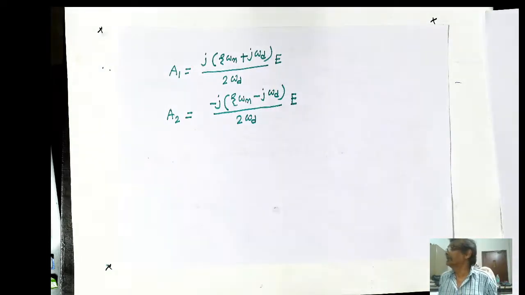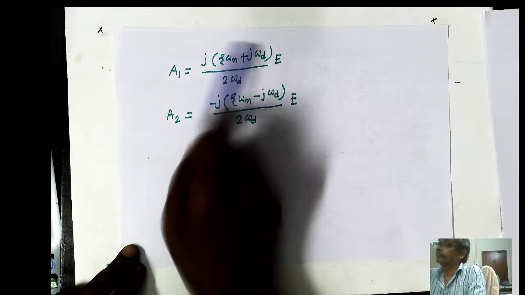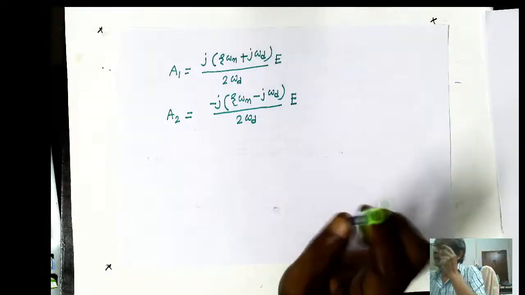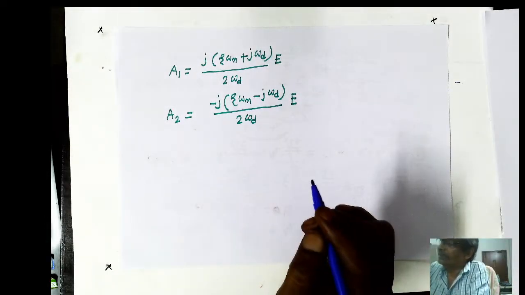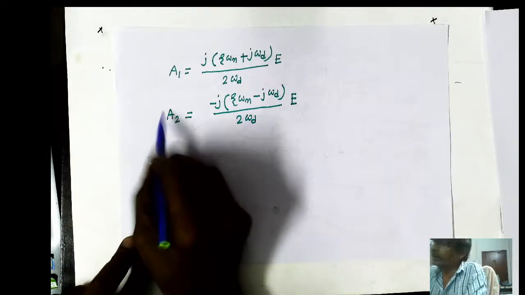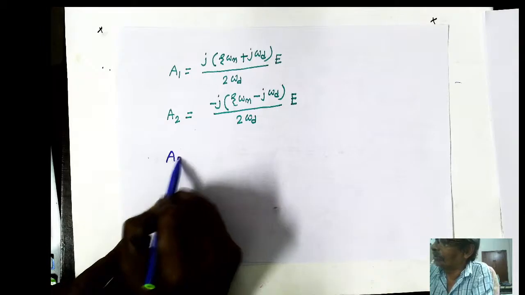Now, one thing you note here that is interesting to note, that I will rather point out, that you see it is after all a complex number. Suppose this is another complex number. Now you just calculate what is the conjugate of A2.